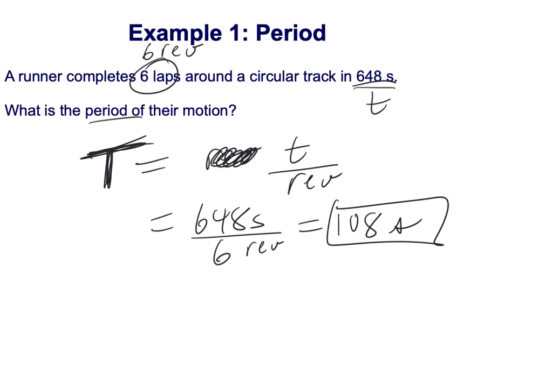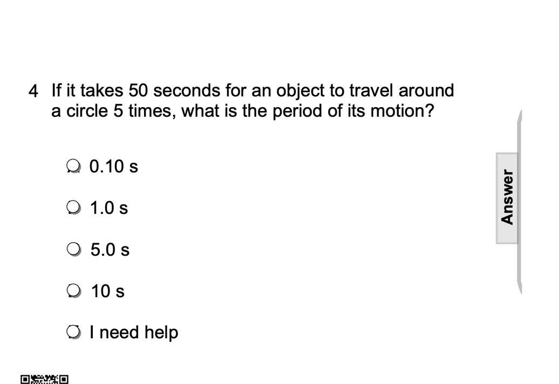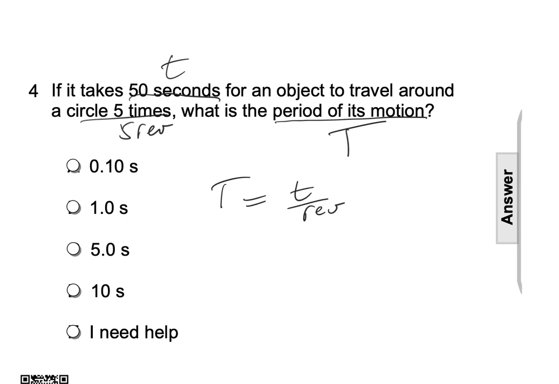Okay, next example. It takes 50 seconds, that's little t, the time for an object to travel around a circle 5 times, so it's 5 revs. What is the period of its motion? Okay, so that's capital T. T equals the time over the number of revolutions.